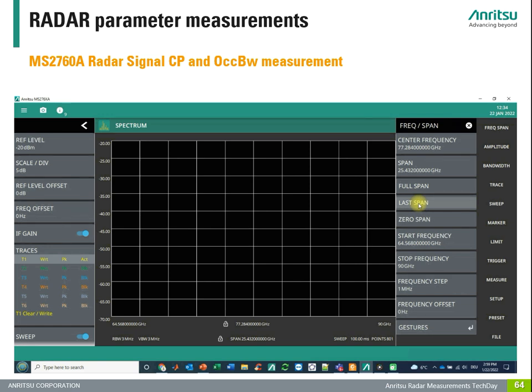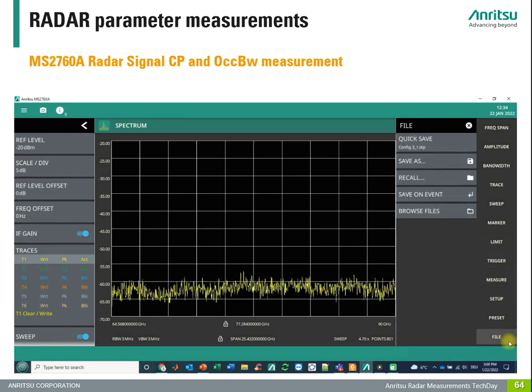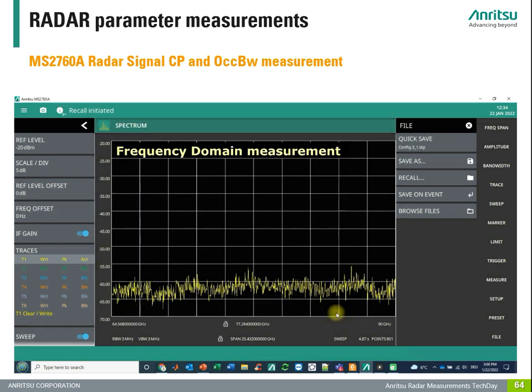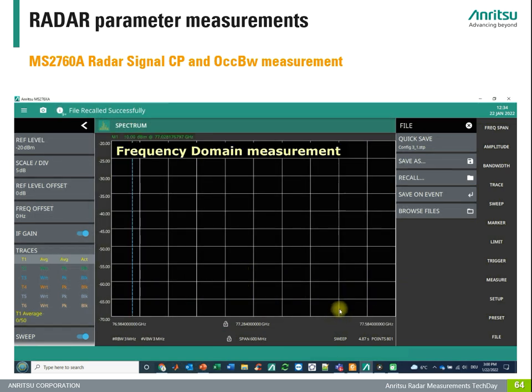This takes a while until the analyzer has switched its operational mode. And to make it quite easy, I'm just loading the so-called configuration number 2. And now we have to wait a little bit.